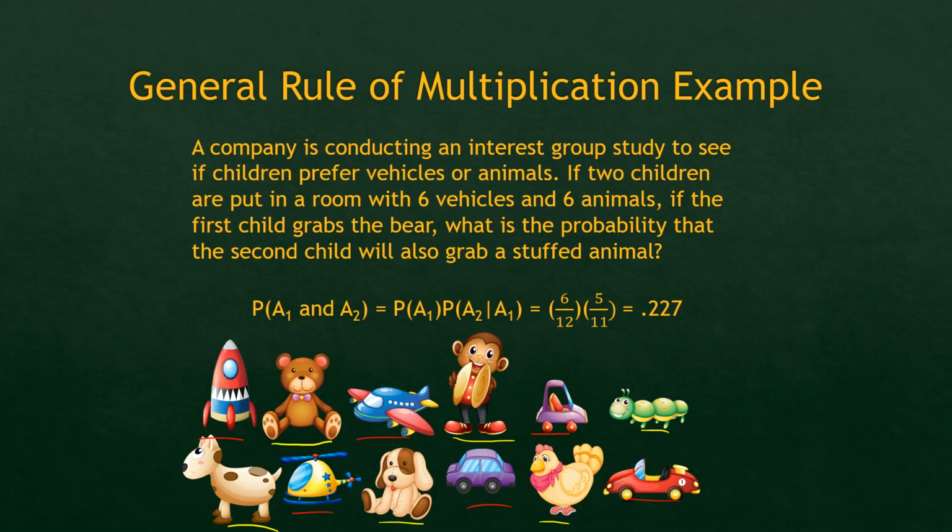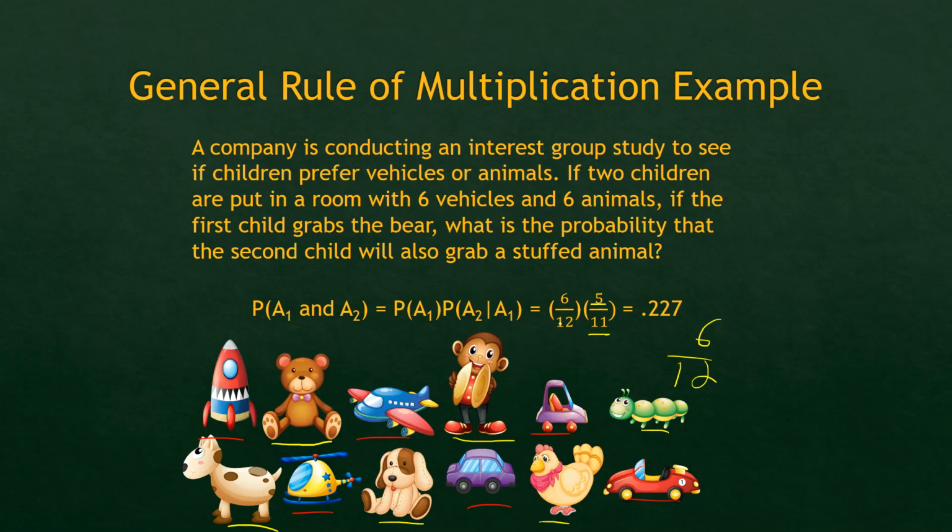So the probability of an individual grabbing the bear to begin with is 6 out of 12, or if you were to divide that out, the probability is 0.5. Then you have the probability after that. There's only 11 items left, and of those 11 items, only 5 of them are stuffed animals. So now there's 5 out of 11.